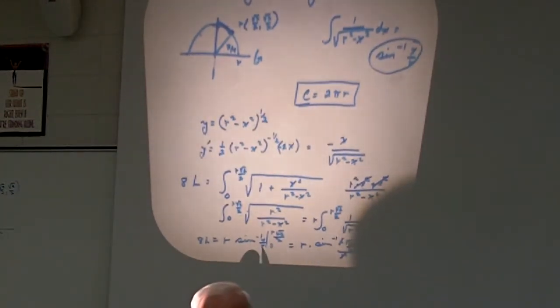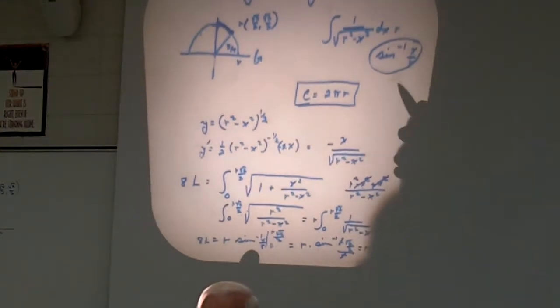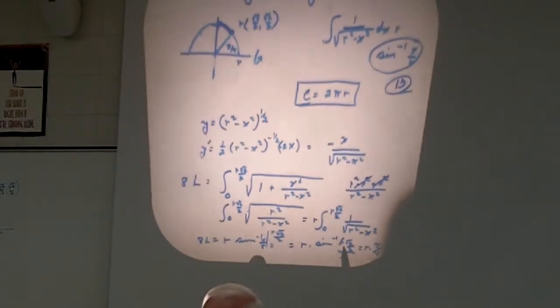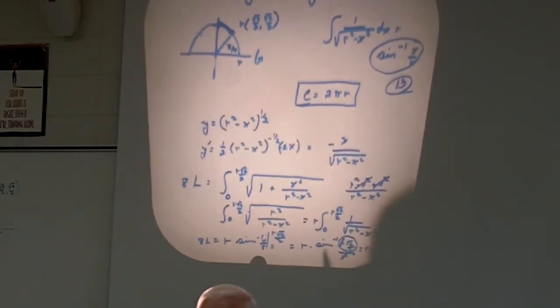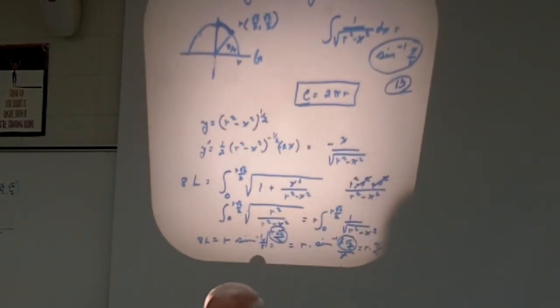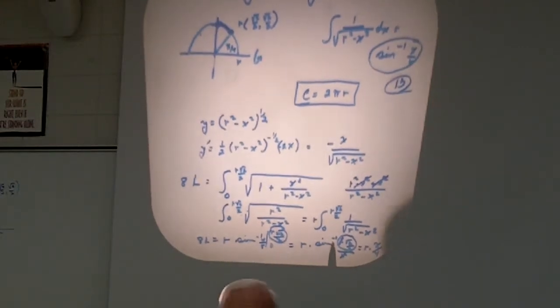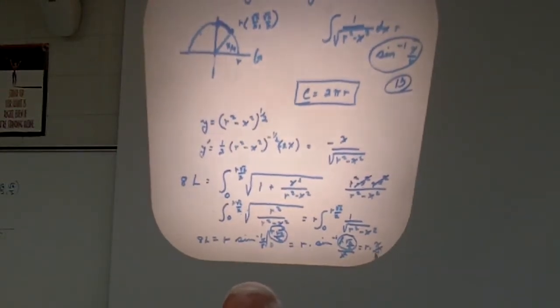That's from up here. This is the x, which is right up here, over r, and then this r cancels with this r. Then you have nothing more than the sine inverse of square root 2 over 2, which is 45 degrees, or pi fourths. Okay, so my answer here is this, and now I have to multiply this by 8.